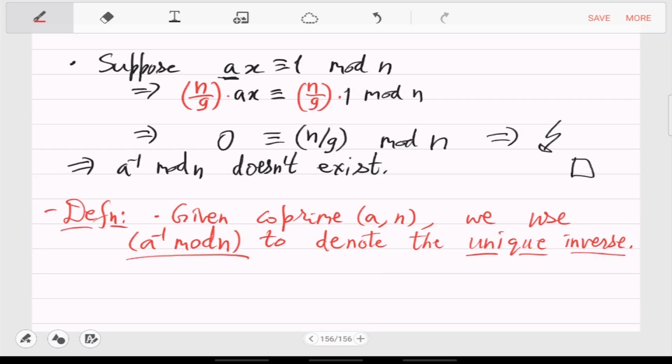So whenever I write A inverse mod n, it means that it exists because A and n are co-prime, and it's also unique. Actually, that we have not shown. Why is it unique? Why can't we have two inverses? That needs to be shown.